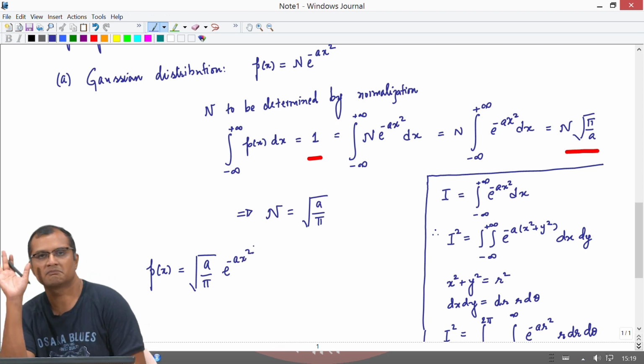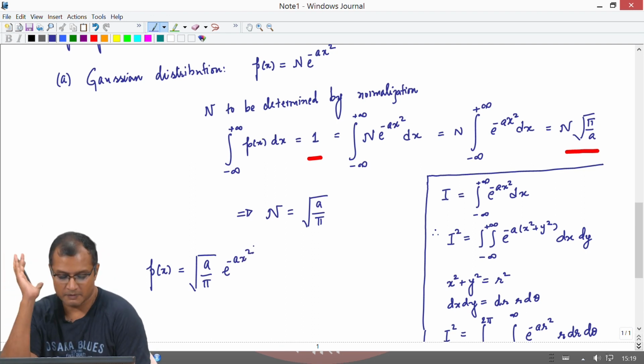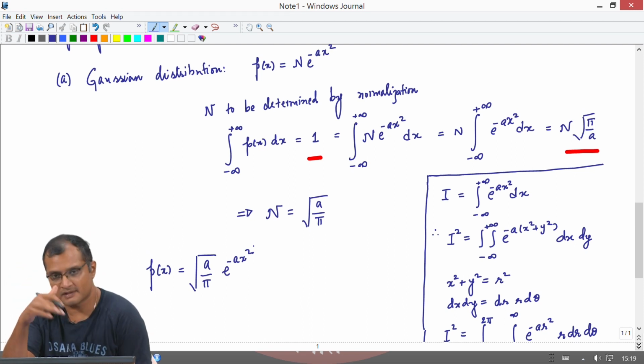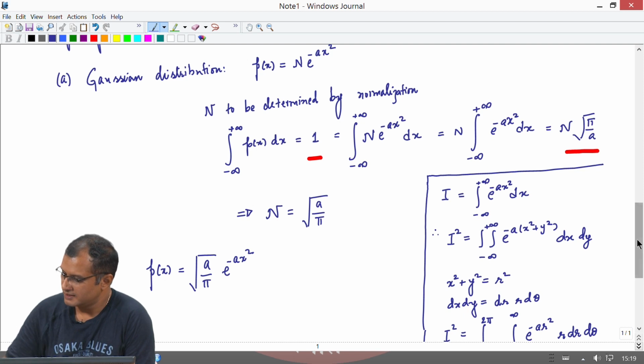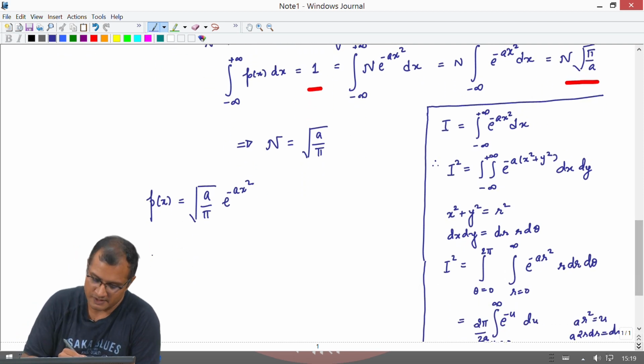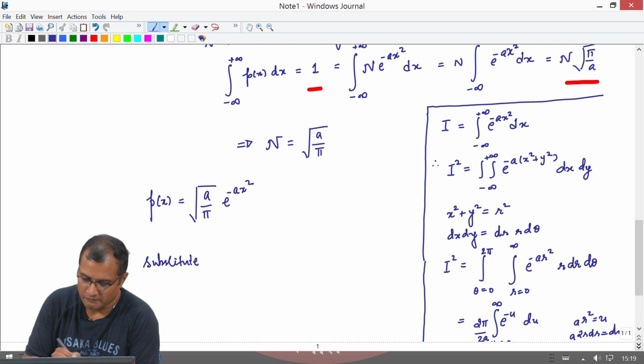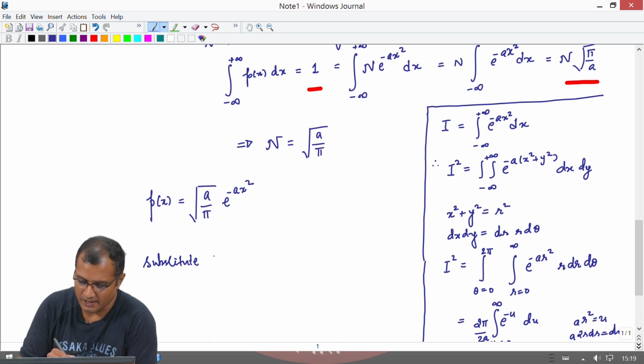I am just going to make it more consistent with the literature, so I am going to make a substitution here. Without any loss of generality, substitute this a as 1 upon 2 sigma square.